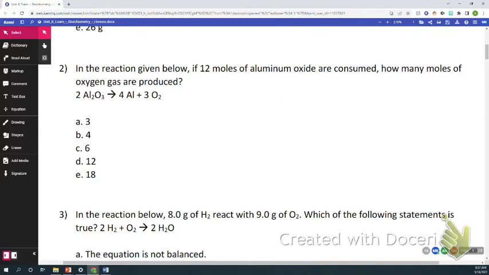So what are we looking at? We have 12 moles of aluminum oxide. That's right here. Right? 12 moles here. How many moles of oxygen is produced? You're already in moles, so that's great. What do you have to do? You just have to travel over to the question mark, right?